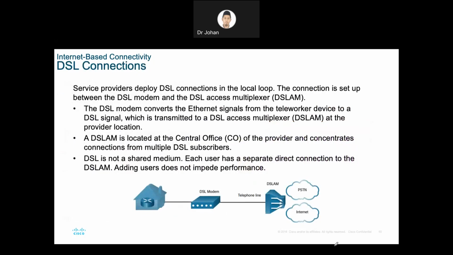The connection is set up between the DSL modem and the DSL access multiplexer, DSLAM. The DSL modem converts the Ethernet signal from the teleworker device to a DSL signal, which is transmitted to a DSL access multiplexer at the provider location.